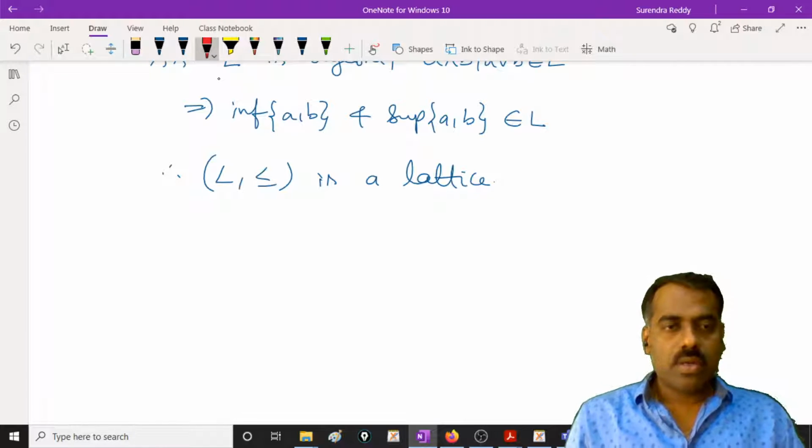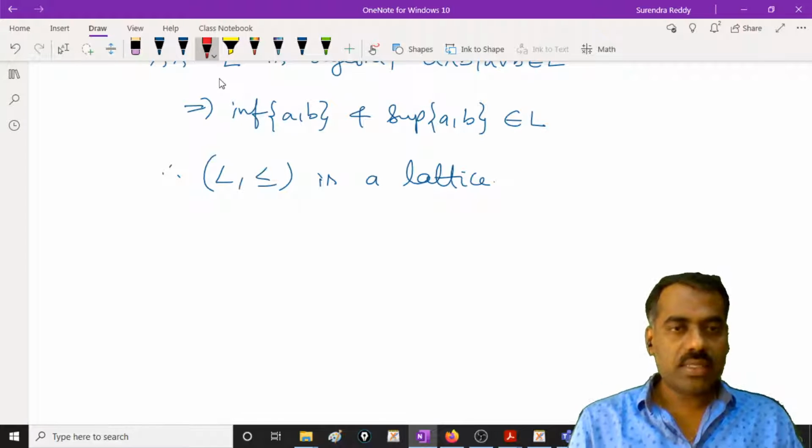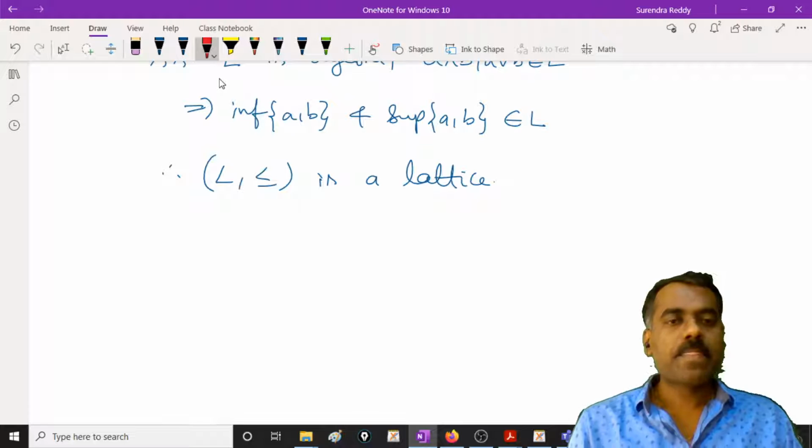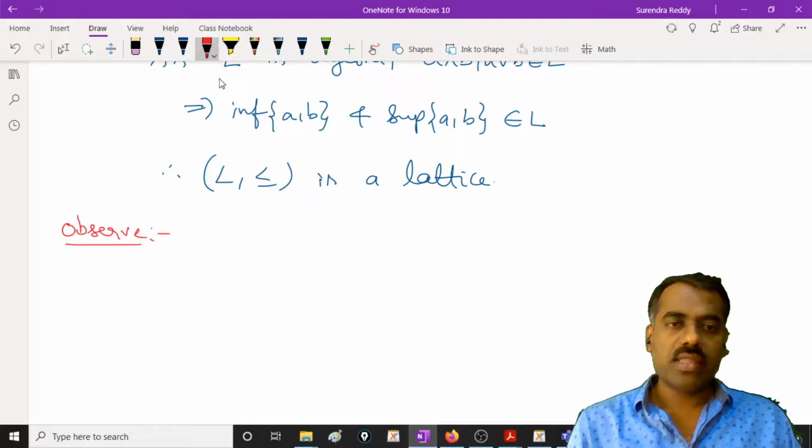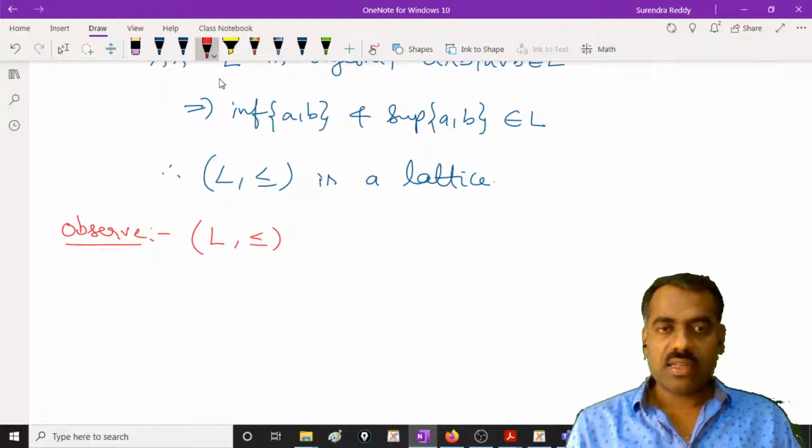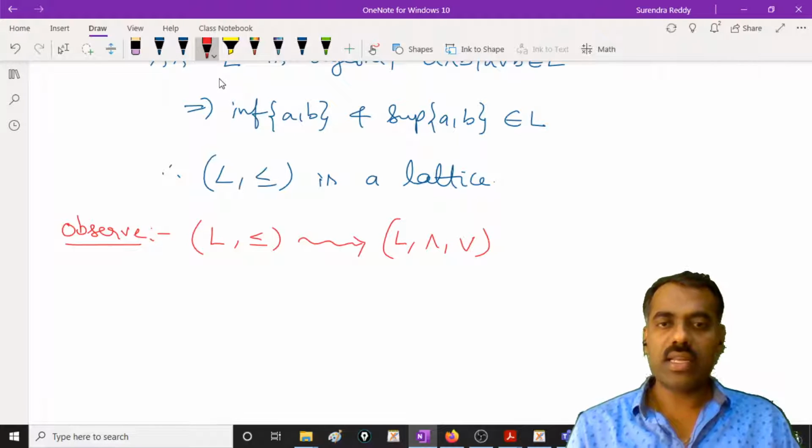So now we conclude these two results. You can observe the following: if L is a lattice as a poset, this gives L with meet and join, right?